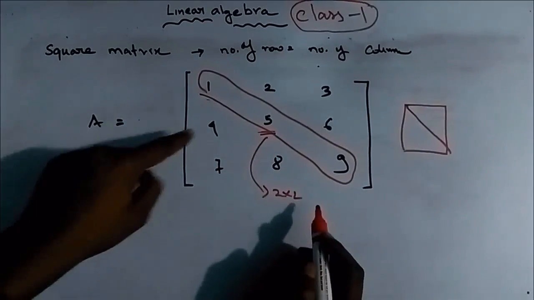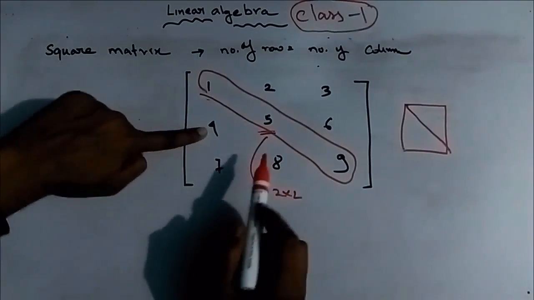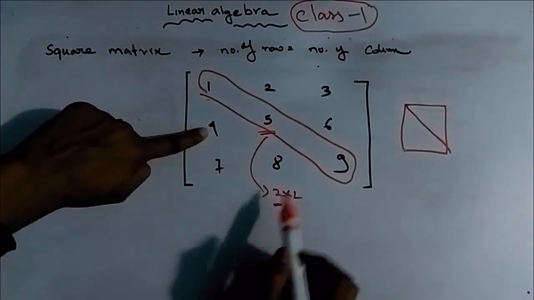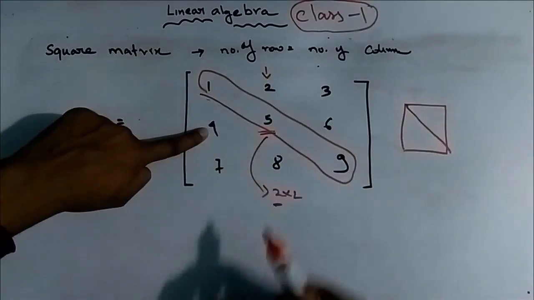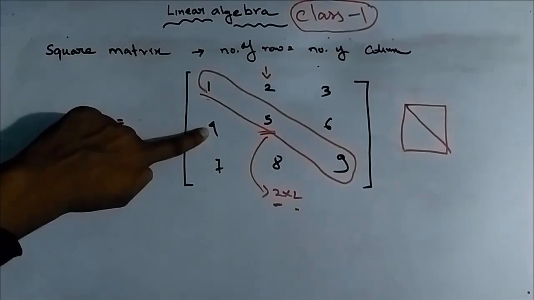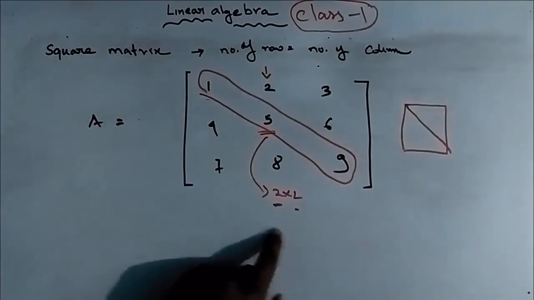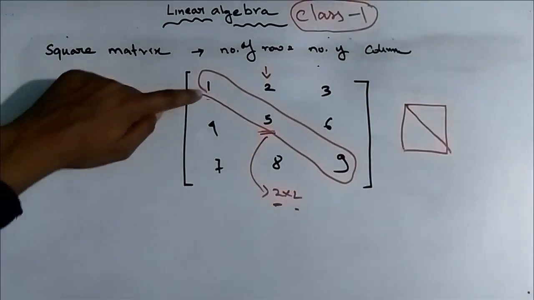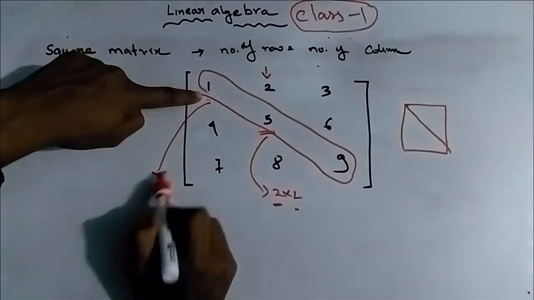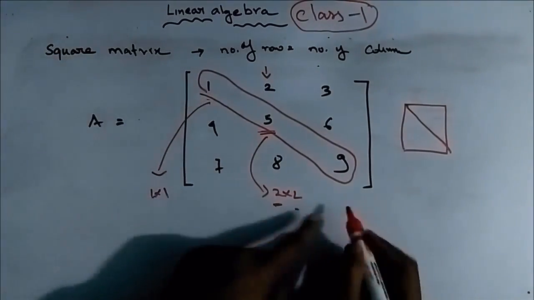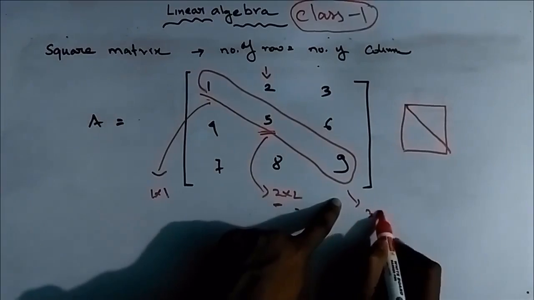Why 2 cross 2? Because the row 5 belongs to is 2, and the column 5 belongs to is also 2. So the location of 5 is 2 cross 2. The location of 1 is 1 cross 1, and the location of 9 is 3 cross 3.